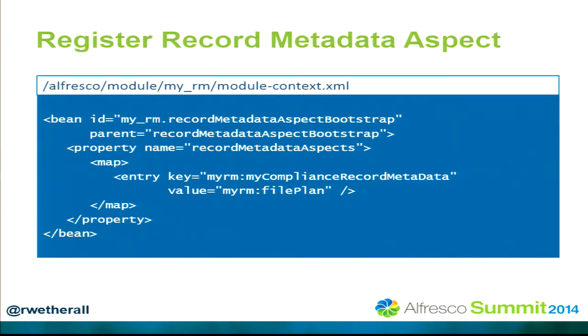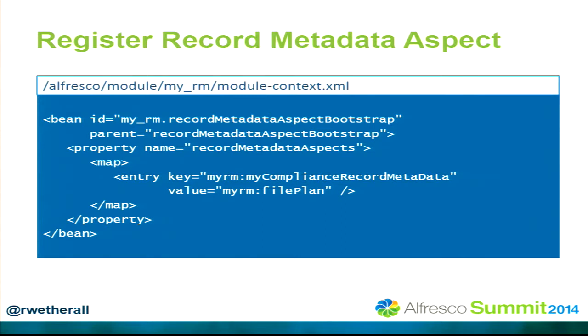That's saying whenever I create one of these, this will be available for the records management team to use. Now that's all we actually have to do. I could turn it on and you would actually see all these properties, that aspect, available to add to a record, set and search on.